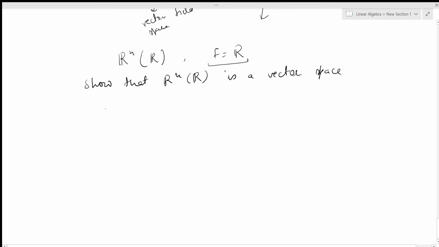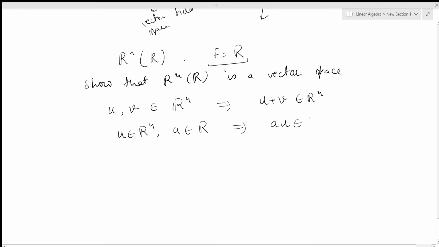Normally we have to take some u and v, two elements from Rn, and show u plus v also belongs to Rn, and if there is some u belongs to Rn and some a belongs to the field, then we have to show au, the scalar multiplication, belongs to Rn.